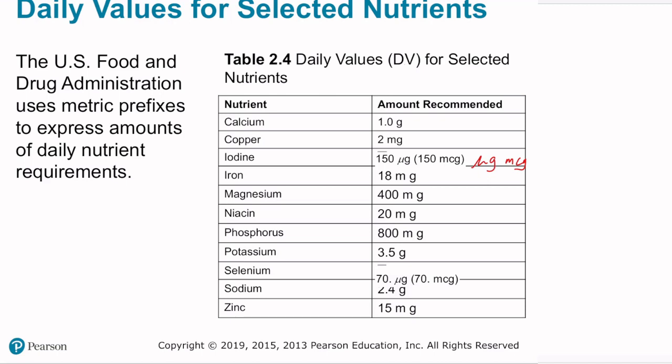Notice that by using these prefixes, we can keep the numbers to a reasonable level. So we have numbers expressed in more tangible ways. For example, for niacin, we have a recommended daily value of 20 milligrams.